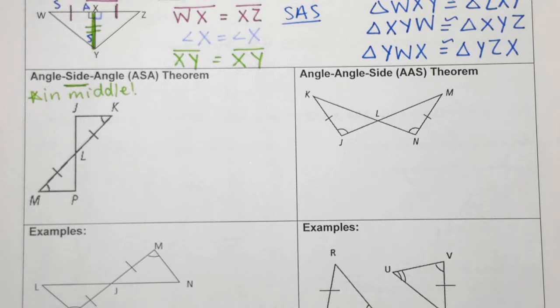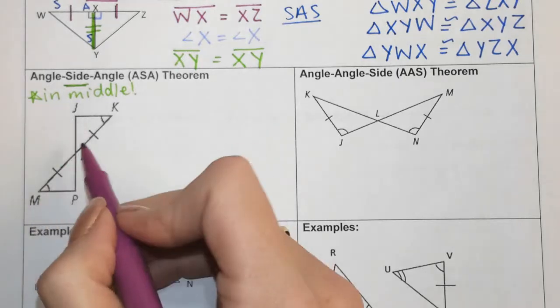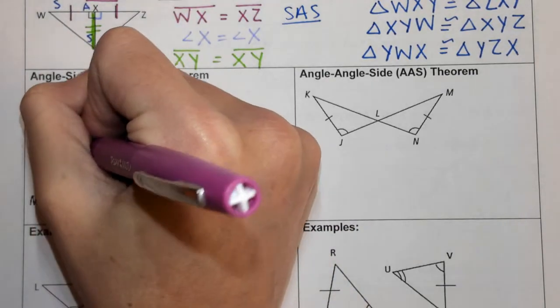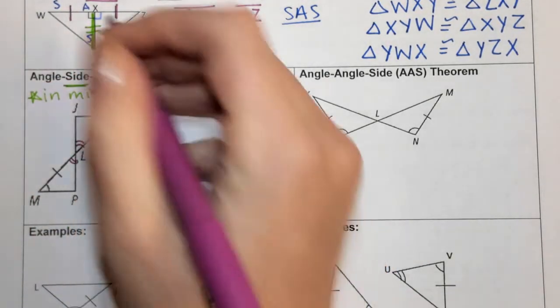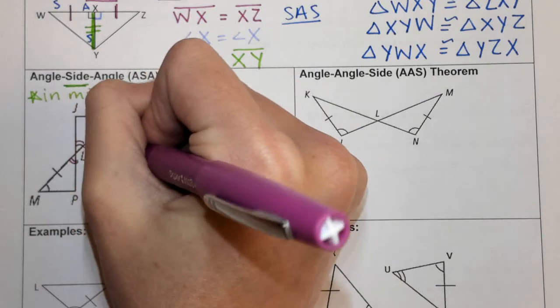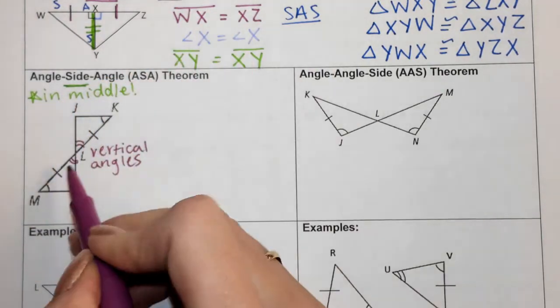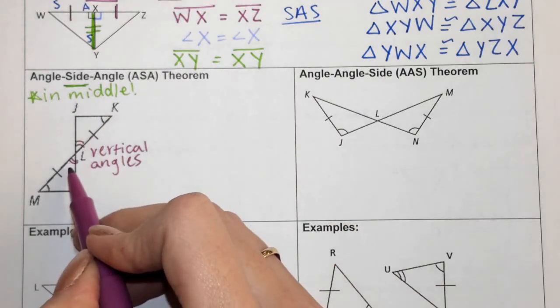So if we want to start listing out what we have here, I'm going to take a look at this picture, and you should remember that the angles in the middle like this, when they're across from each other, are called vertical angles. And vertical angles are equal. That's something we learned in Unit 1.